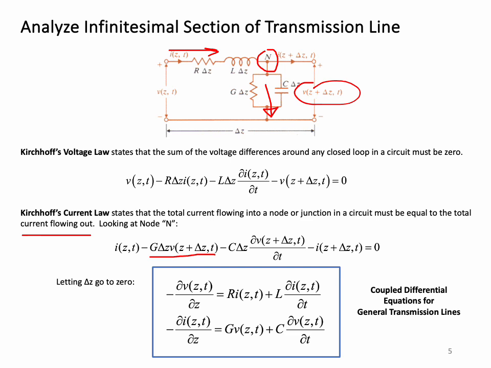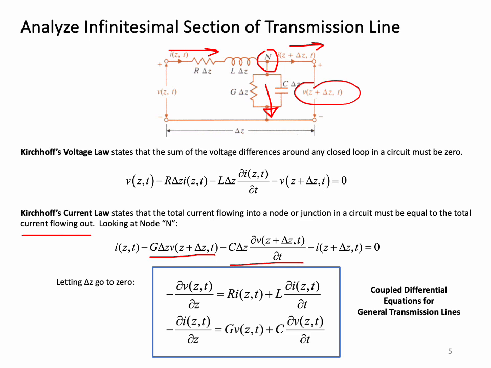Similarly, the current flowing through the capacitor is simply the capacitance times the rate of change of voltage across the capacitor, and that just follows from elementary circuit rules. In this case, the capacitance is C delta Z, and again, the voltage across the capacitor is the same as it is across the conductance, which is V of Z plus delta Z,t. And finally, we have one last term, the current that flows out to the next part of the circuit, which is simply the current I of Z plus delta Z,t. And the sum of those must be equal to zero.